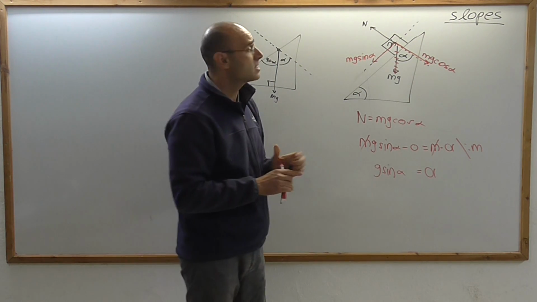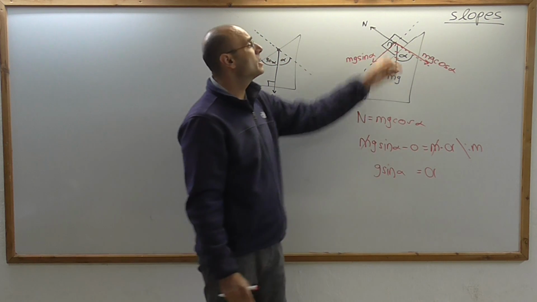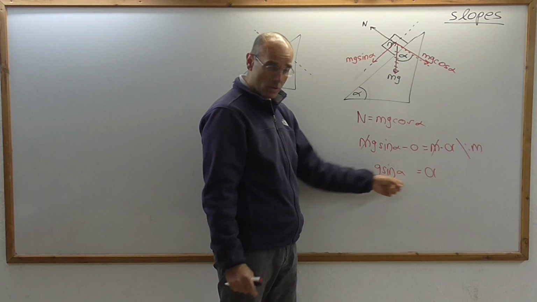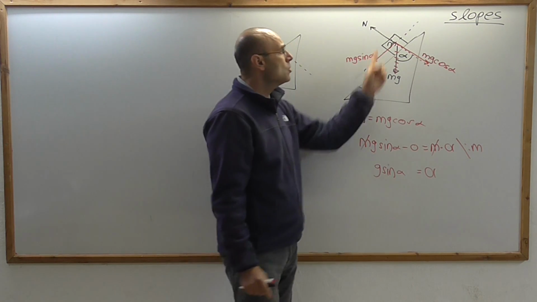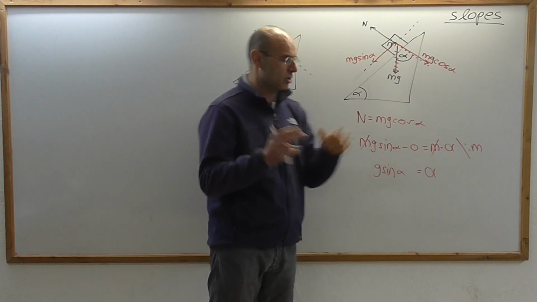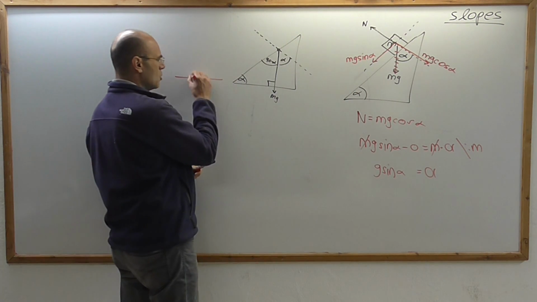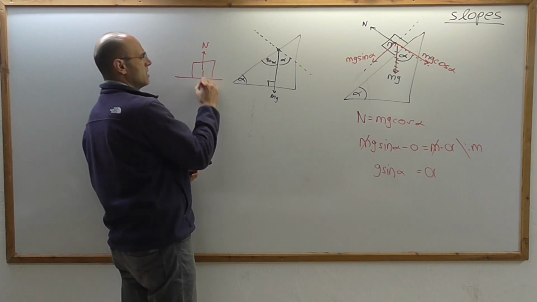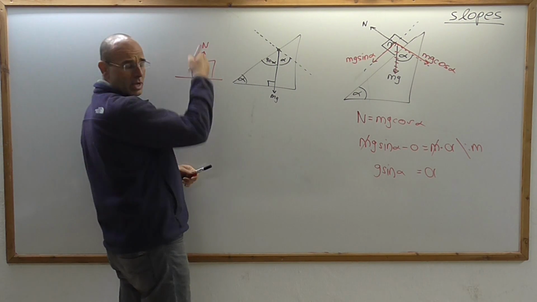So two things I can say about this object. It will accelerate downwards with this acceleration, and the normal force will not be mg like we always used to know. You remember when an object was on a flat surface, the normal was always equal to mg.